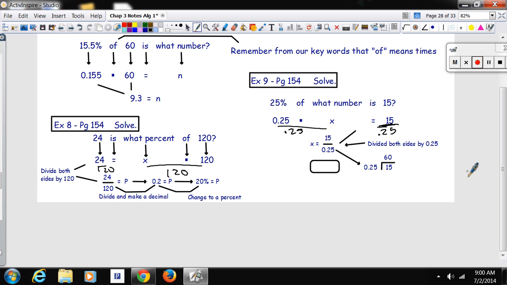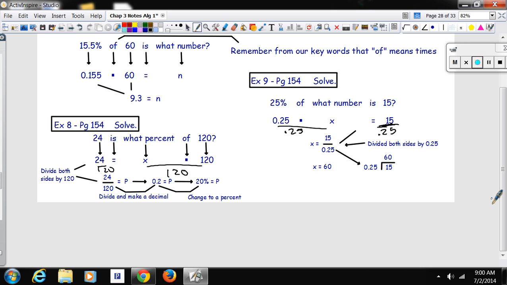And then you can see 15 divided by 0.25 comes out to be 60. So 25% of 60 would be 15. So in this case, x equals 60. X came out to be 60.